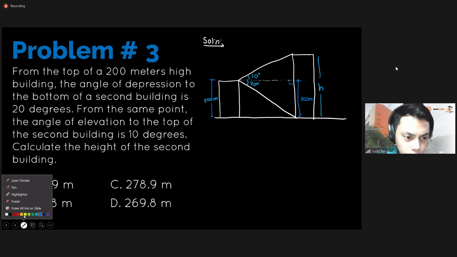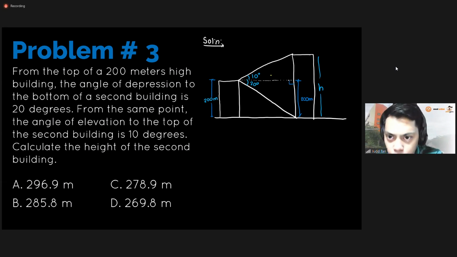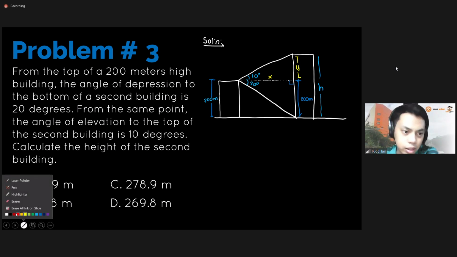We can solve for this one, si y. And then kapag may y na tayo, pwede natin i-solve si x. I'll change this to x na lang, kasi horizontal. Ito, y. So may y, may x. Let's solve muna si x. Anong value ni x?